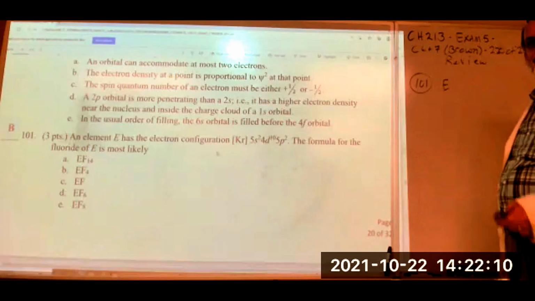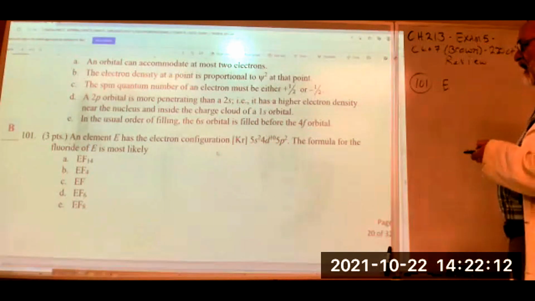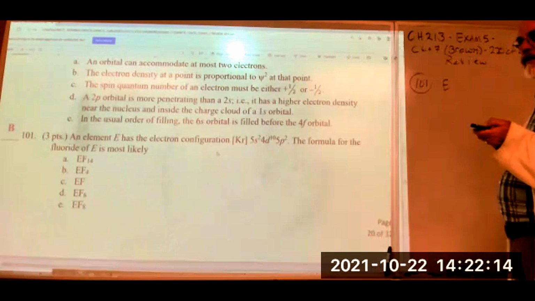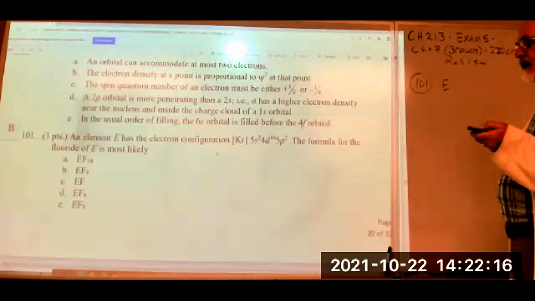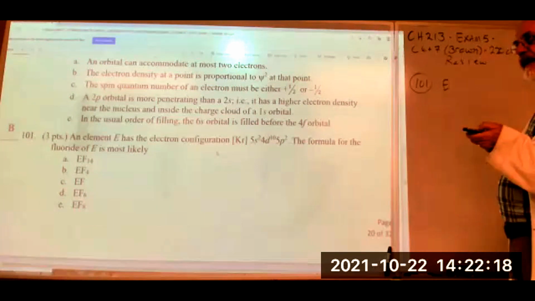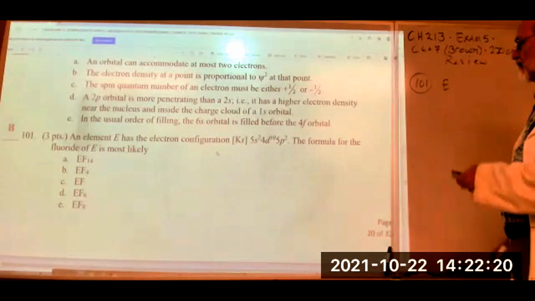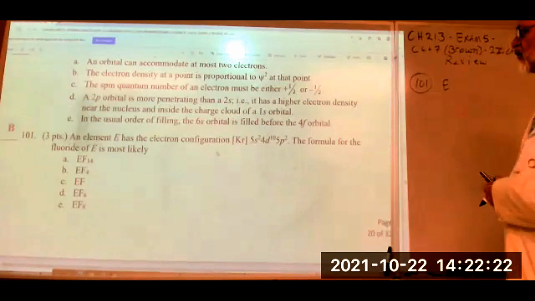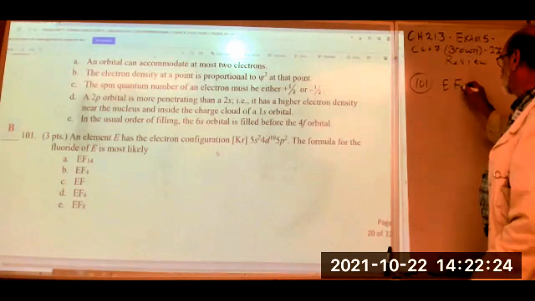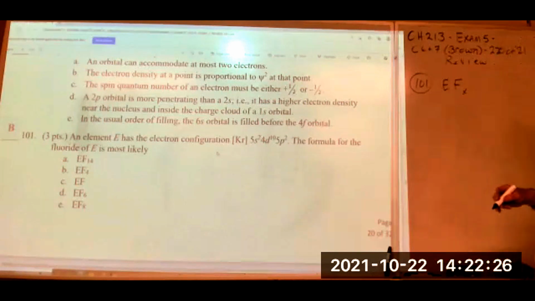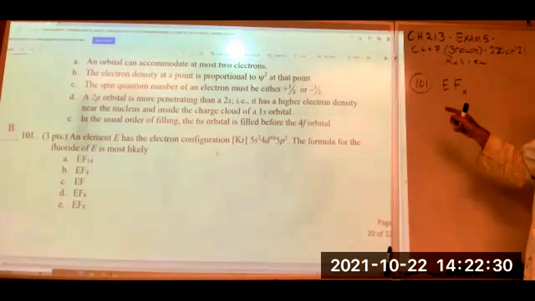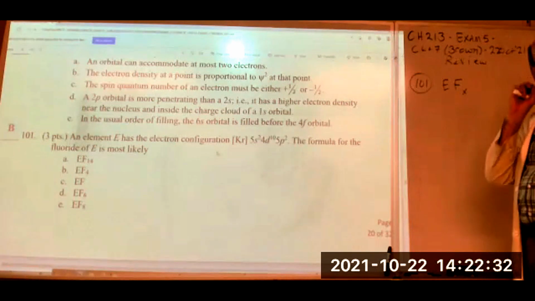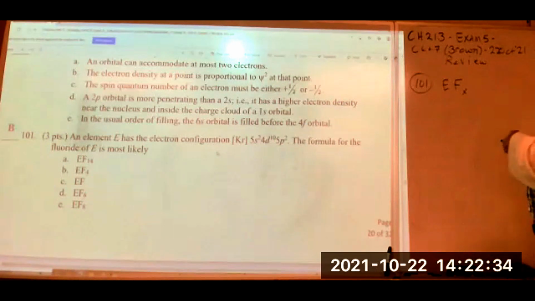We've done that twice already. So 5s2 would be here, and then 4d10, and then 5p2. Okay. The formula for the fluoride of this one would be what? How many fluorines would you have there? The key to this one is valence electrons. How many valence electrons are in that element?